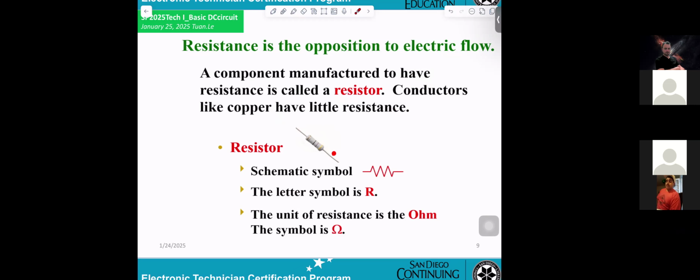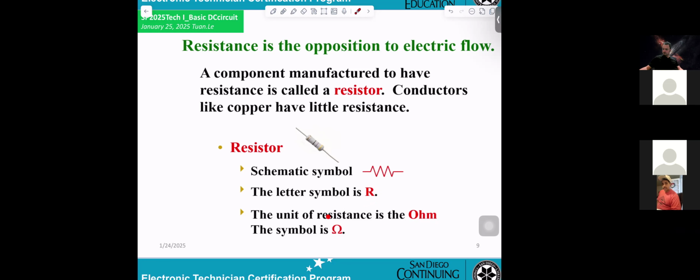Okay, this is the symbol for the resistor. In the schematic, they use this symbol here. You see that one, you know this is a resistor. The letter symbol is R, that means resistor.